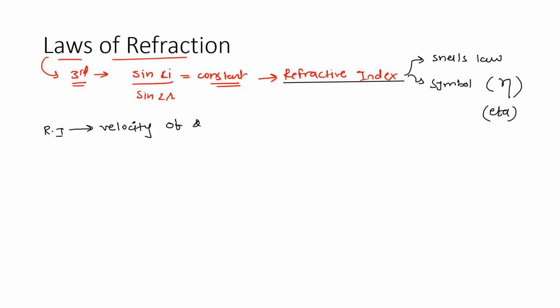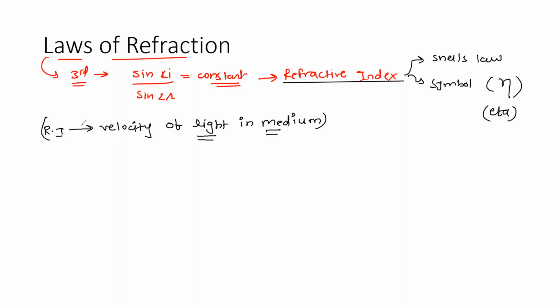Velocity of light in a particular medium. तो ये जब light travel करता है, I said it is traveling in the air, air to glass or glass to air or water to glass. So in that, light is traveling from one medium to another medium. So the velocity of light will change whenever the medium changes.